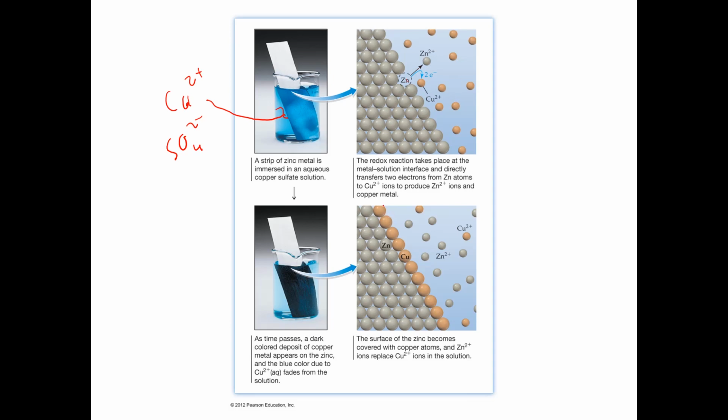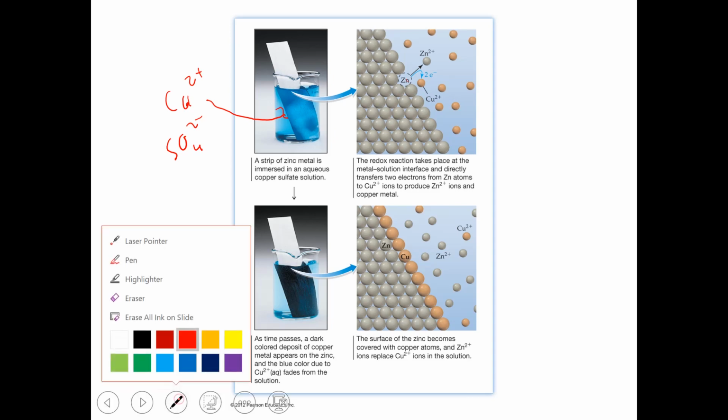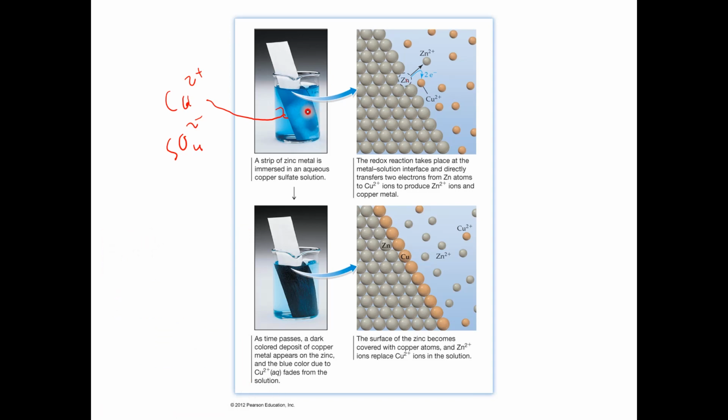And this keeps on happening. Then we actually get an area here on the surface where we have copper metal plating the surface of our metal, and then we have some of that zinc that's floated out into solution. So if you look at this top picture, you can see that our metal is just a nice silvery metal.